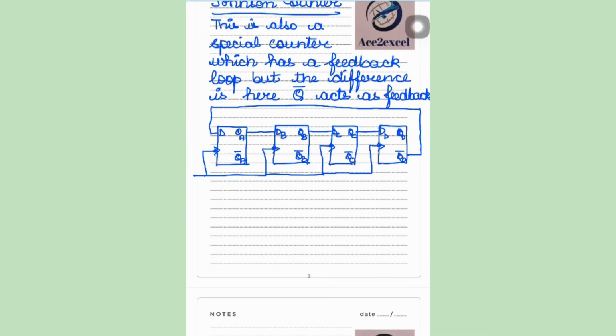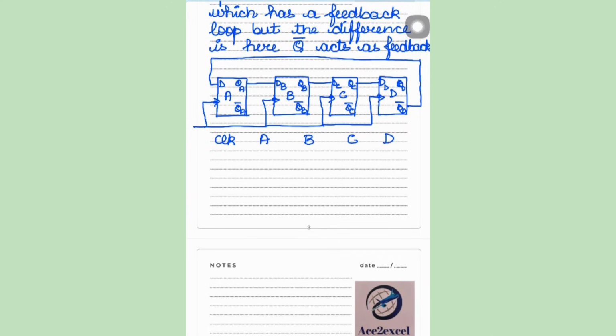Now if I go by the circuit diagram, the circuit shows that the circuit is in feedback, and I am writing the outputs as A, B, C, D, where A is the first flip-flop, B is the second flip-flop, C is the third flip-flop, and D is the last flip-flop. Initially when there is no clock, every flip-flop is at 0, 0, 0, 0.